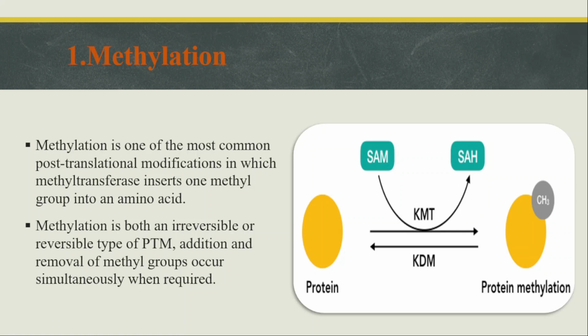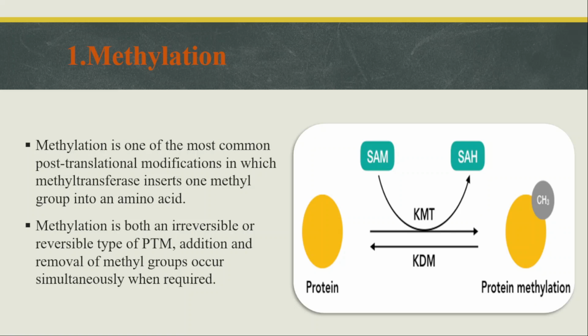Methylation has an irreversible and a reversible type. Here, SAM, S-adenosyl-L-methionine, gets converted to S-adenosyl homocysteine in the presence of a methyltransferase. The two common methyltransferases are PRMTs and HKMTs.